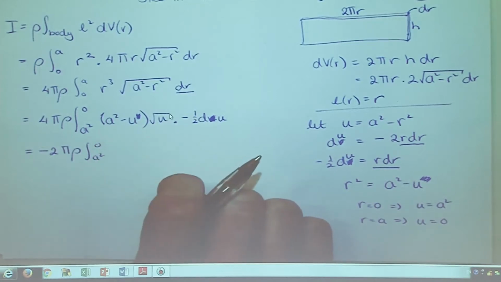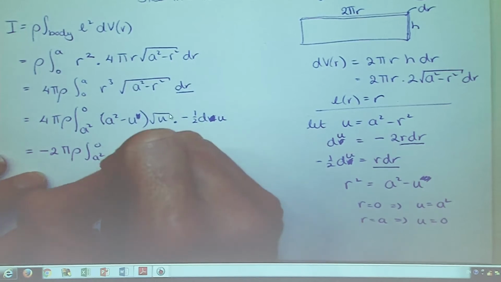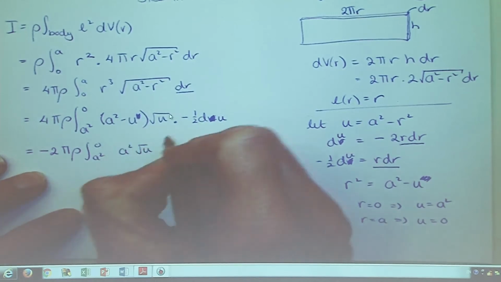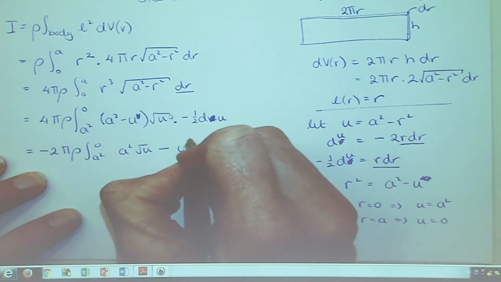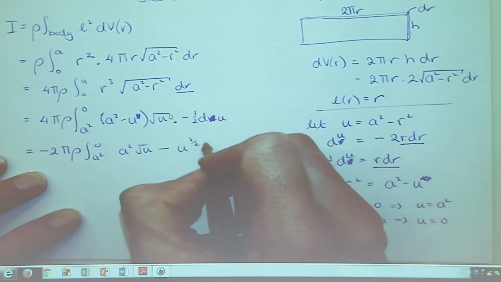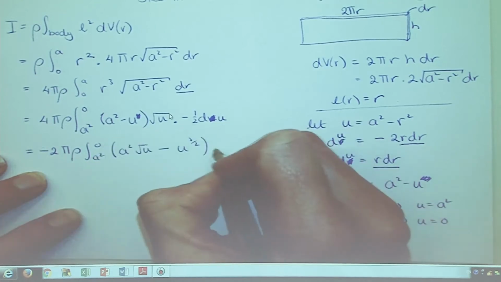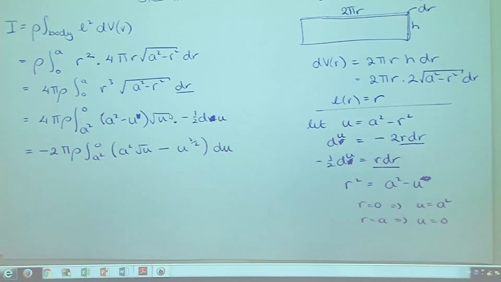Then all of a sudden it's really easy, right? So we get a squared square root of u minus u to the 3 halves, du.